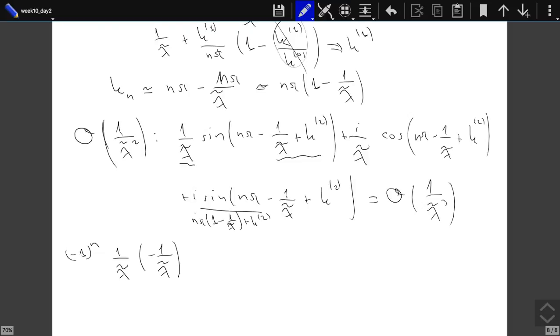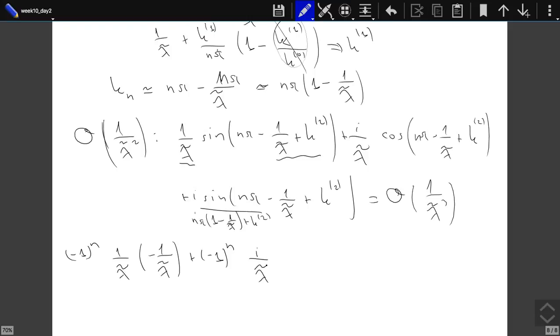Now, when we look at the cosine, it's again minus 1 to the n due to this n pi. And then we have I over lambda tilde. Well, the argument is of the order of 1 over lambda tilde. So if you expand the cosine, you have 1 minus argument squared. But the argument squared is of the order of 1 over lambda tilde squared. I already have a 1 over lambda tilde. So up to terms containing 1 over lambda tilde cubed, I can just replace cosine by 1.